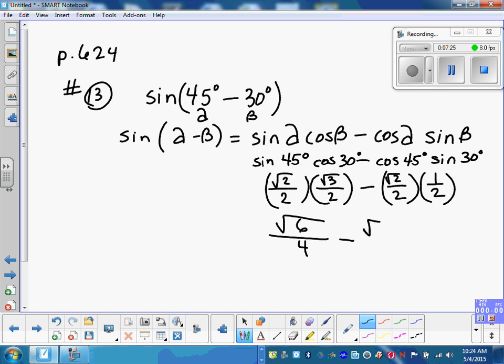So this is going to be the square root of 2 over 4. So what we have for our answer is the square root of 6 minus the square root of 2 over 4 for our exact value.